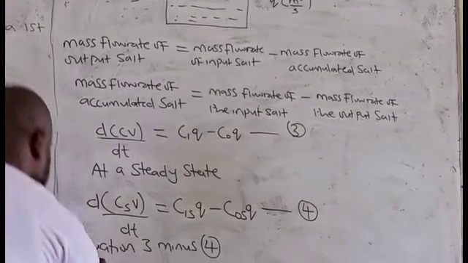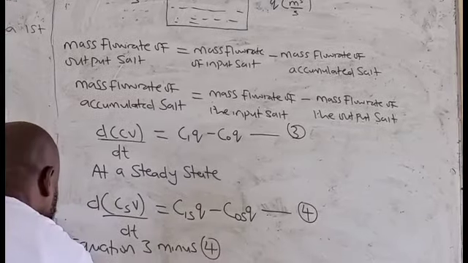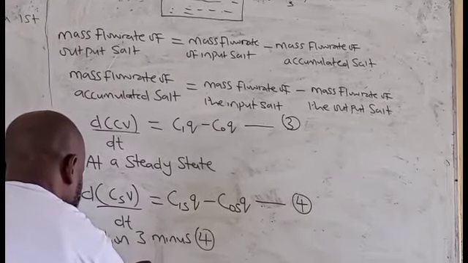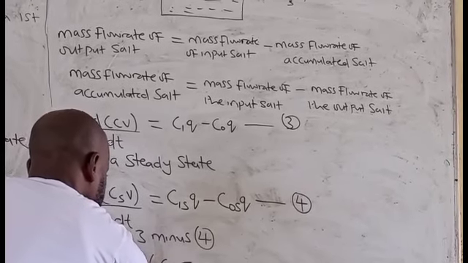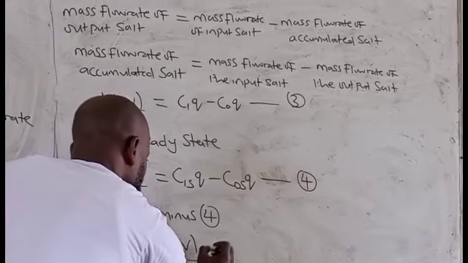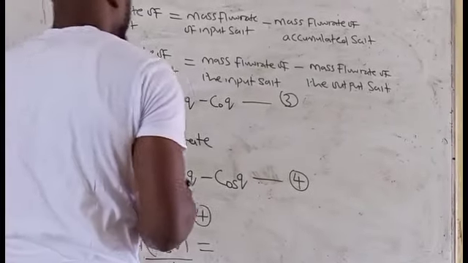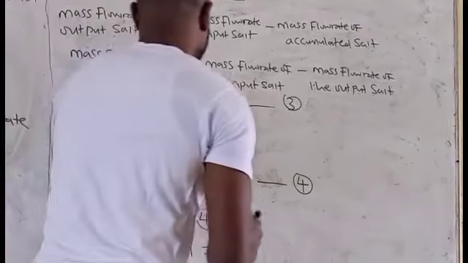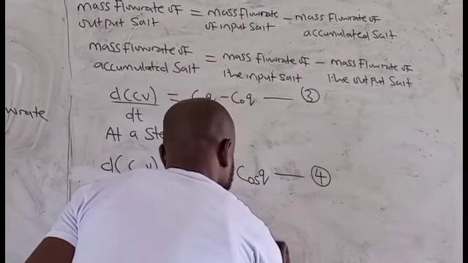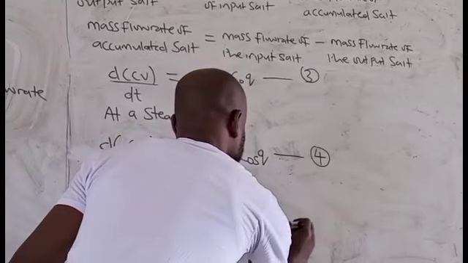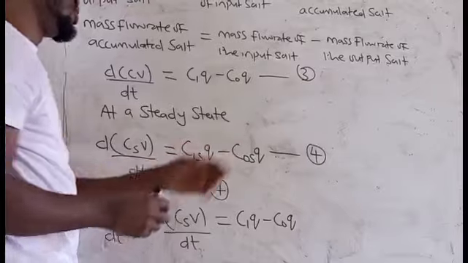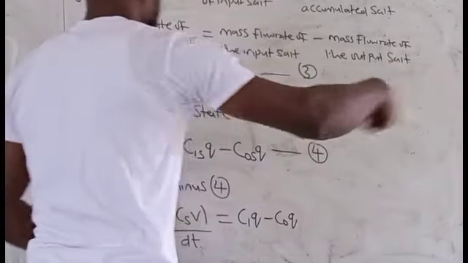We're going to say V d c over dt minus V d c_s over dt will give you, then from equation 3, on the right hand side we have c1 Q minus c0 Q. Then we are subtracting equation 4 from the right hand side.